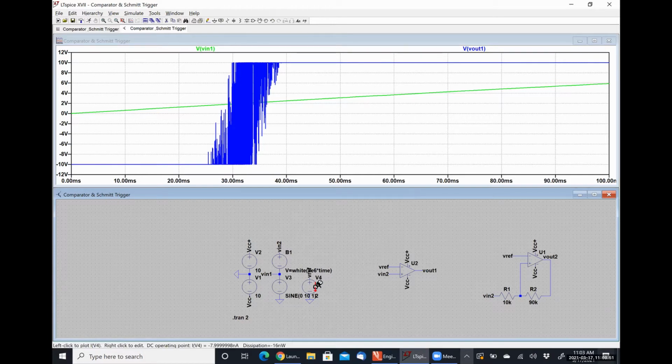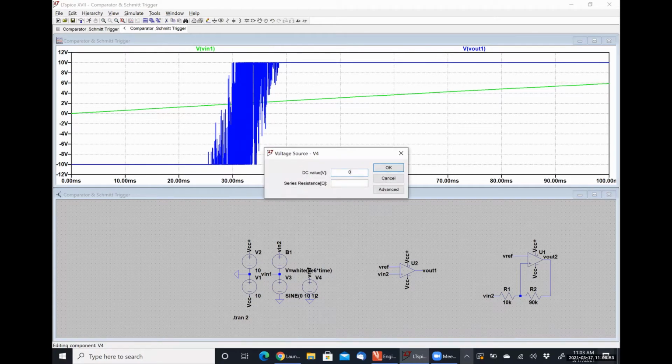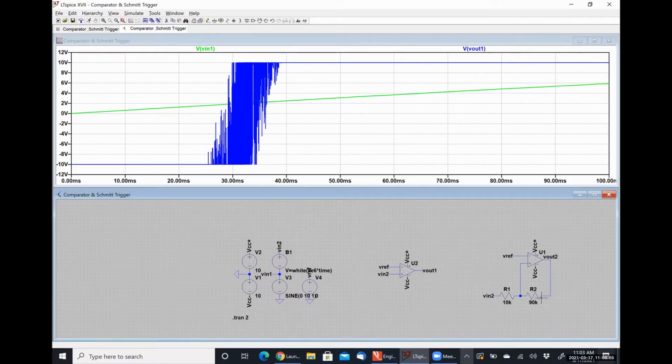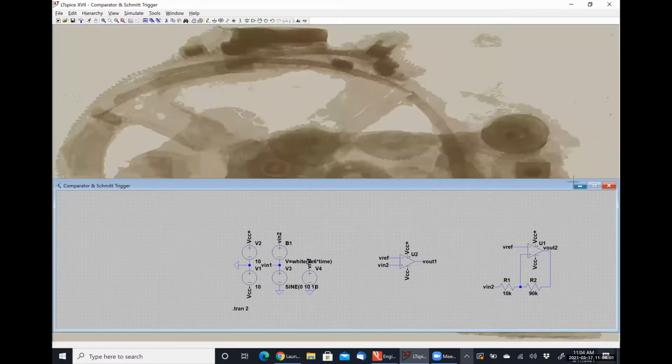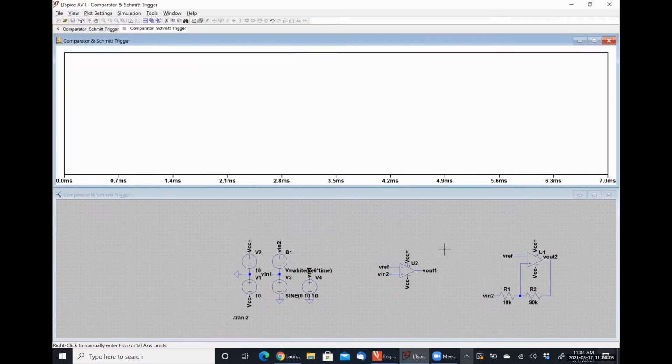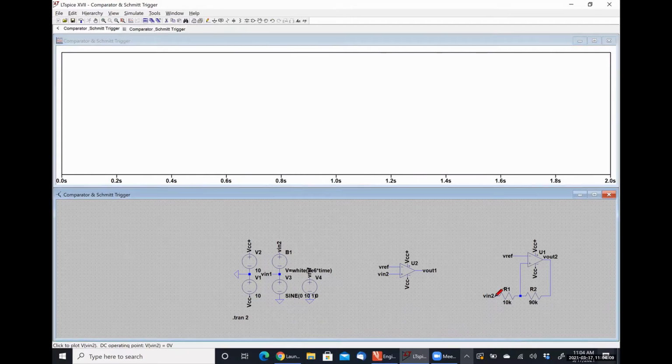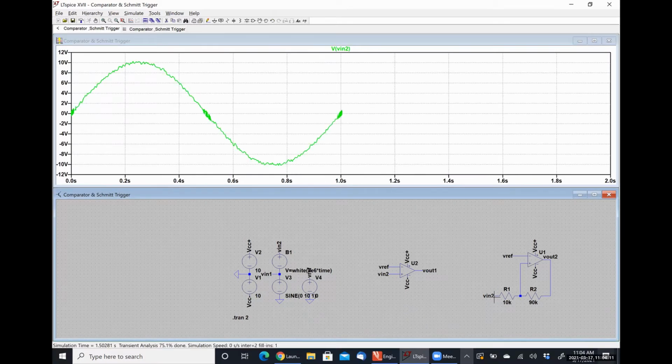So I'm going to change my reference voltage real quick to 0. And I'm going to delete this graph and run my simulation again, just real quick. What I'm looking at here is my comparator, over on this side. VN2 is my noisy input voltage.